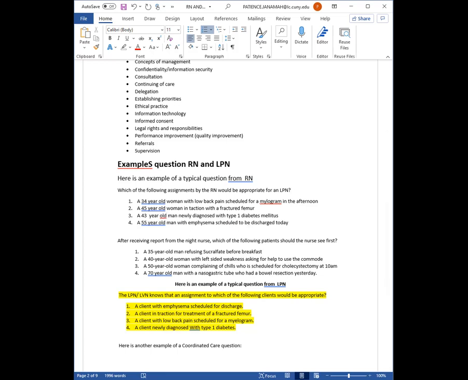Thank you. My answer would be 2. I wouldn't choose option 3 because the patient has a new diagnosis. Yes. So for this particular word, newly diagnosed. That's what a nurse does.